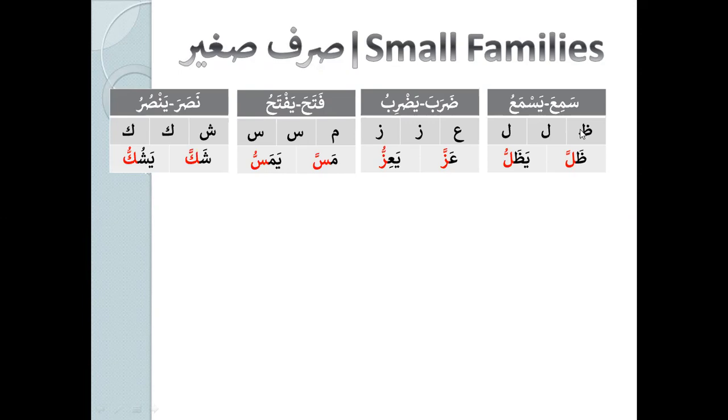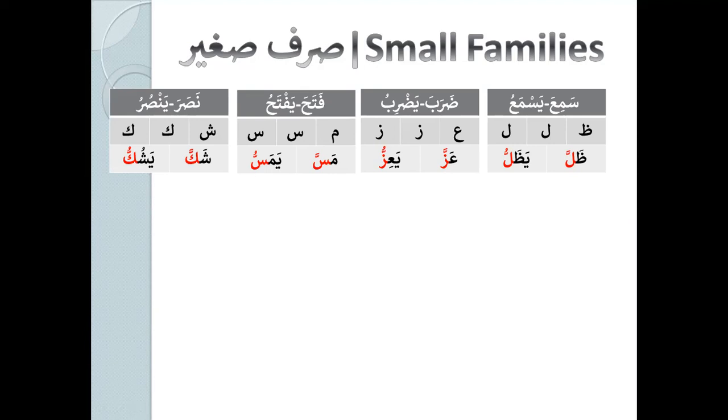It should have been Zalila, but because the last root letter had a fatha, when you joined them, the fatha was transferred to the second root letter, becoming Zalla. And then when you make the Fil Mudari, Yasma'u, the middle root letter comes back and takes its position over here. And I'll tell you the reason behind that.